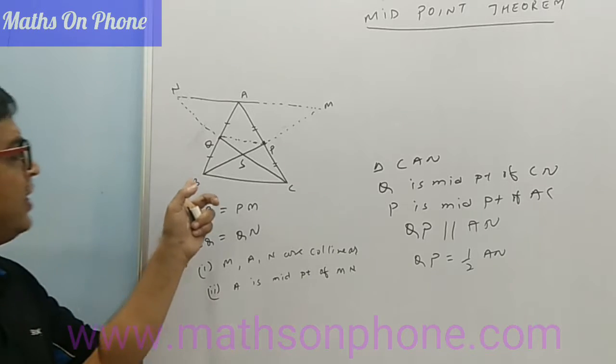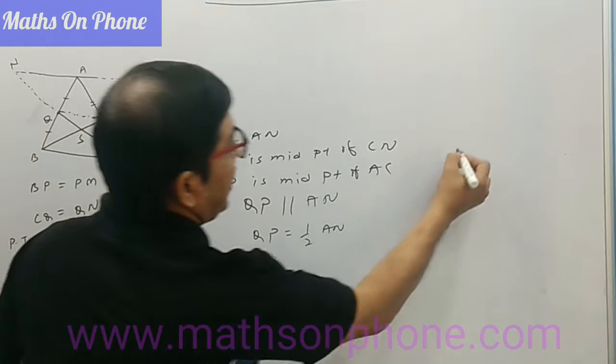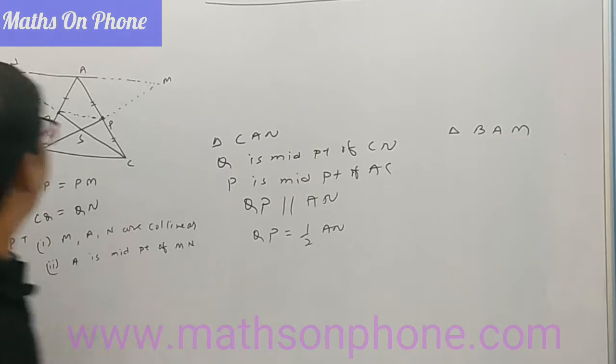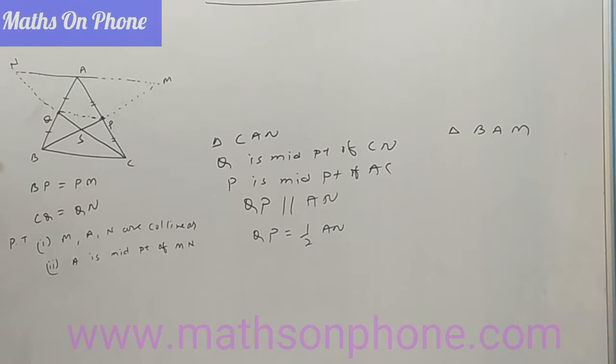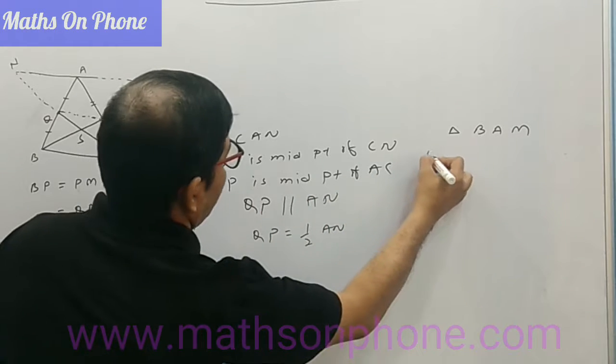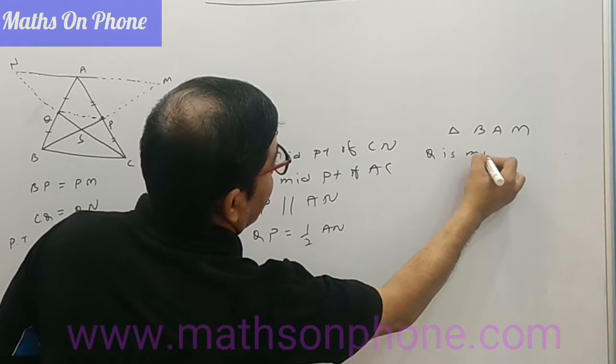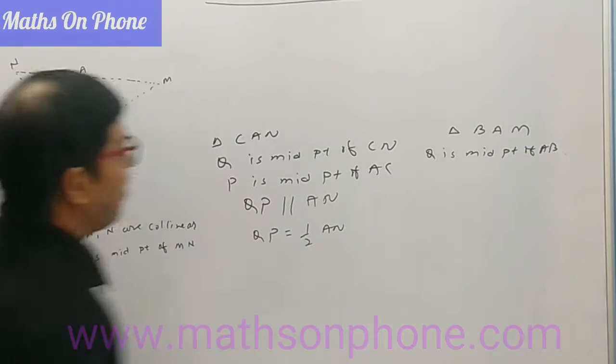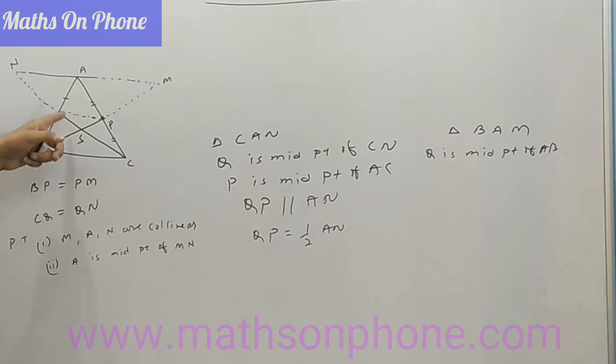Same way, if we go to triangle BAM, Q is the midpoint of AB. Why? Because CQ was the median, that means Q is the midpoint of AB. That's the earlier sum.